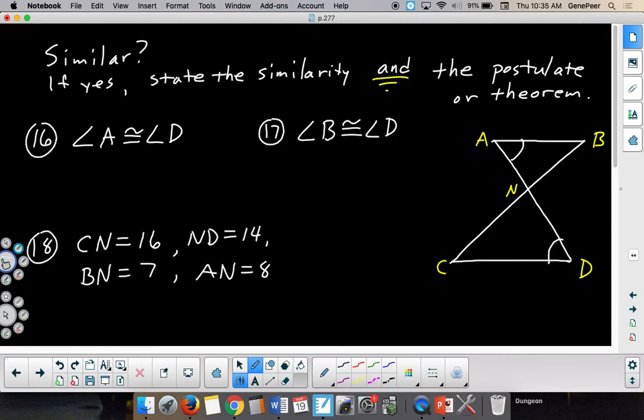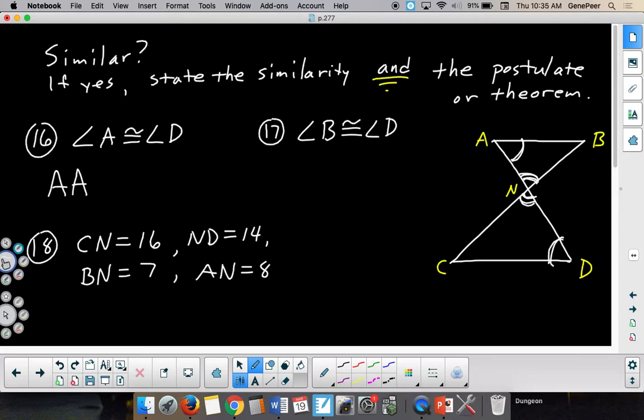Well, what else do we know? Our old friend from chapter 2, theorem 2-3, said that vertical angles are always congruent. So guess what we've got? We have two angles here congruent to two angles here, and that's AA. So that tells us, yes, they are similar by AA.